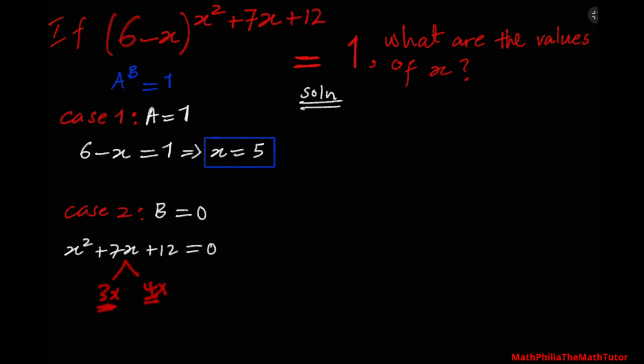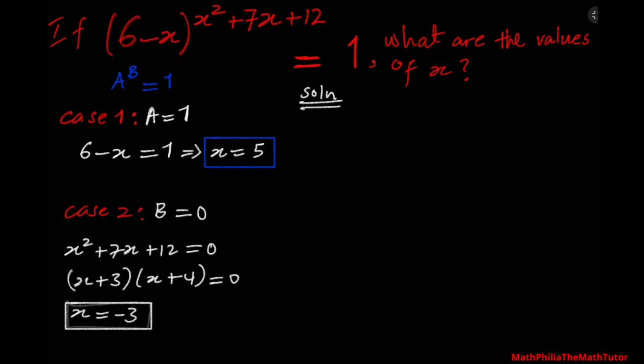And if you add them together, 3 plus 4 will give you 7. So if we factorize this, we will get x plus 3 multiplied by x plus 4 is equal to 0. Well, from here, x is either equal to negative 3, or x is equal to negative 4.